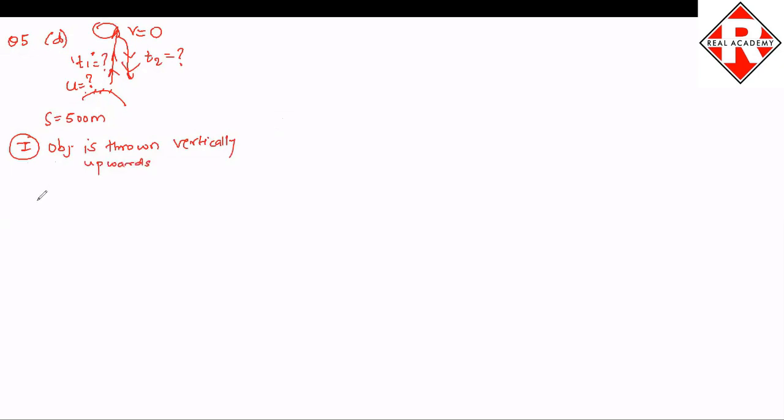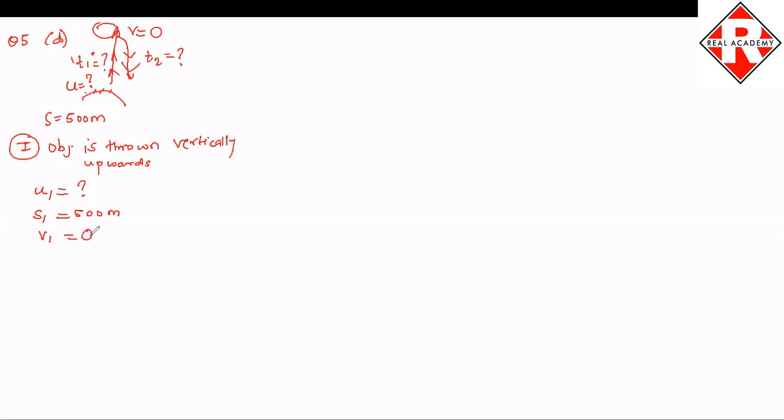When the object is thrown vertically upwards, do we know the initial velocity? No, I will consider u1. I do not know the initial velocity. Do I know the initial height or the displacement? Yes, that is 500 meters. Do I know the final velocity? Yes. After it reaches the height of 500 meters, it will stop.